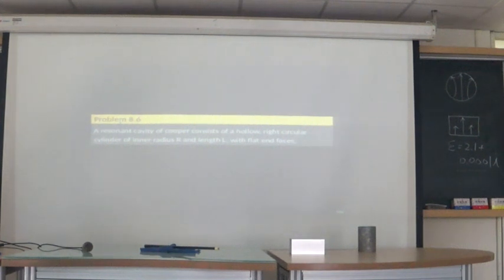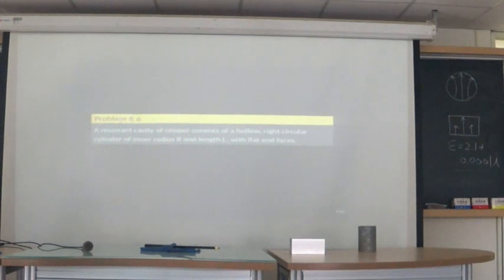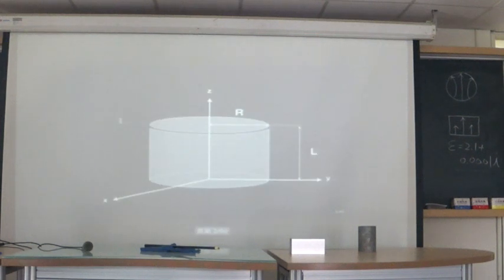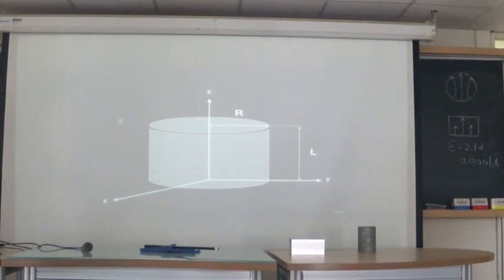Problem 8.6 says we have a resonant cavity of copper consisting of a hollow right circular cylinder of inner radius r and length l with flat end faces. It looks like this shape. We have two end faces with inner radius r, and the cavity has a length L.